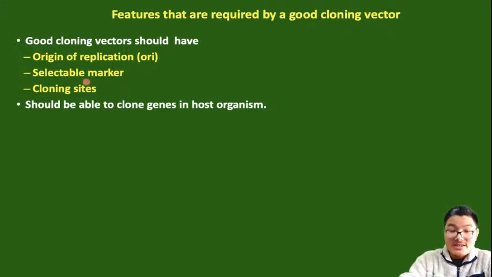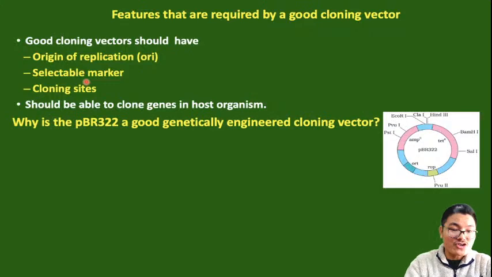Now yesterday we also looked at a question: why is pBR322 a good genetically engineered cloning vector? You also have the diagrammatic representation from your textbook here. We already understood why it is good, right?